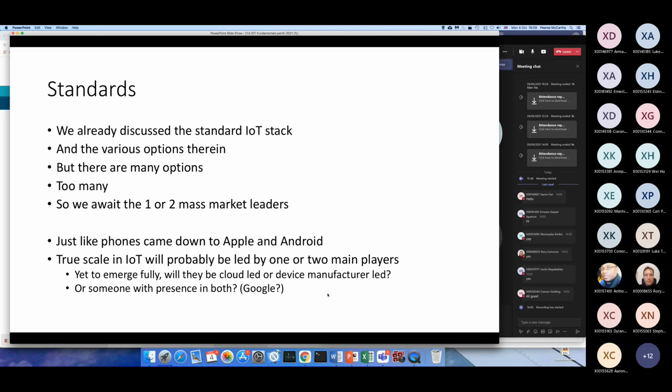But I'd say it'll most likely come down to two or three being the lead in all the cloud stuff and the host stuff on the IoT side. You'll still get a certain amount of variation in the sensor end of things, but at true scale it'll boil down to something. And I'll show you a table before we finish here today.